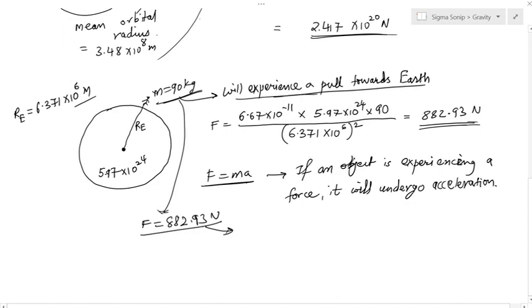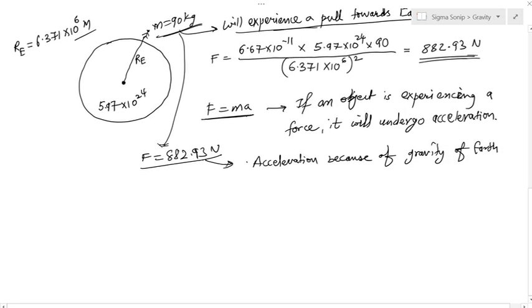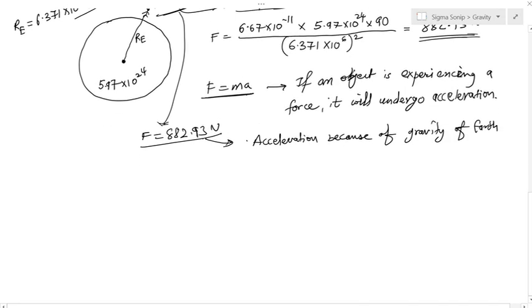This is the acceleration because of the gravity of the Earth.